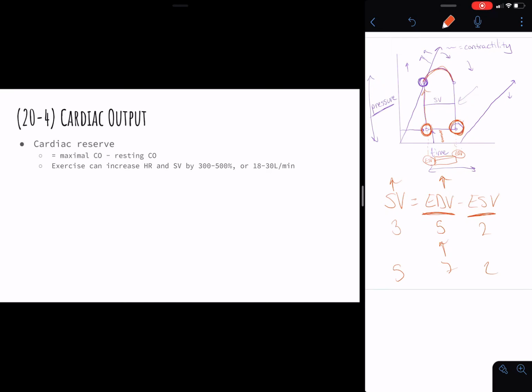Because if you have a maximal cardiac output, right, this is going to be the heart having the greatest amount of stroke volume and the greatest amount of heart rate. Or I guess I should say and/or.